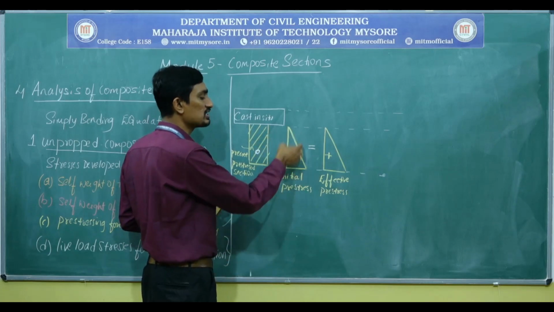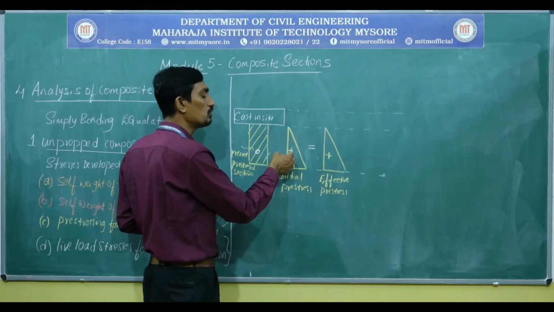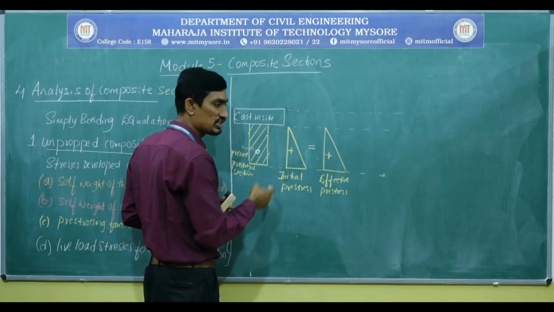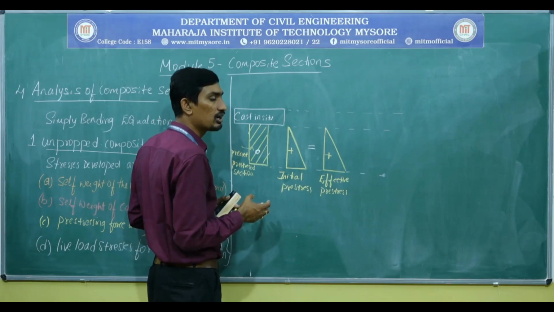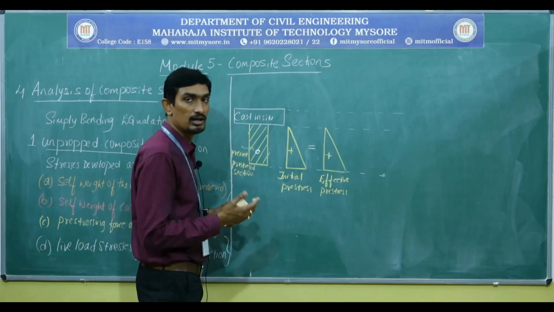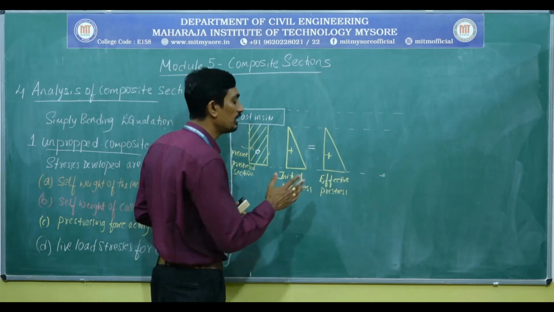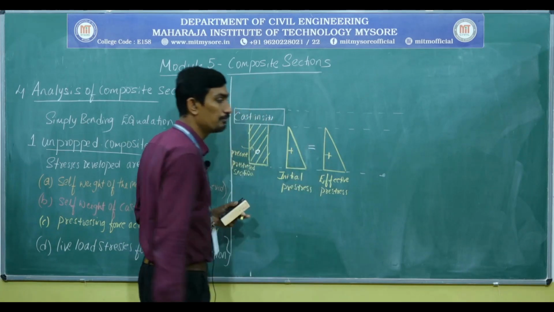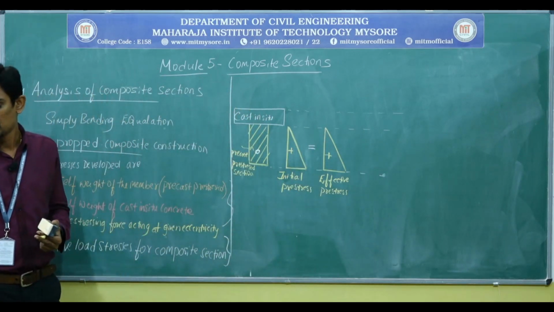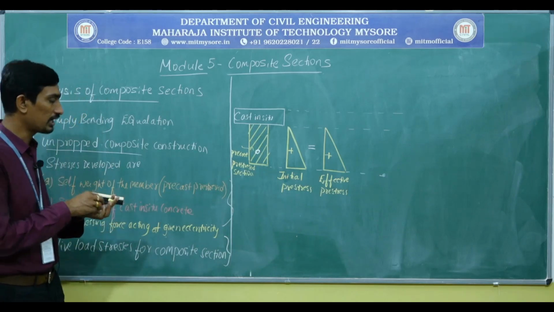Whatever the initial pre-stress that will be induced, which is compressive in nature, later on, because of the losses encountered, the net effective pre-stressing force will be expressed as effective pre-stress. Is it clear?